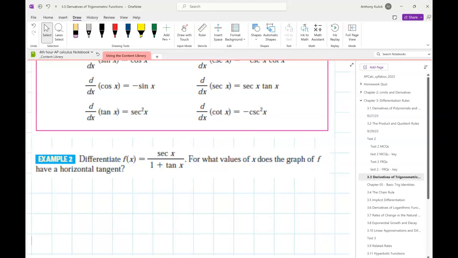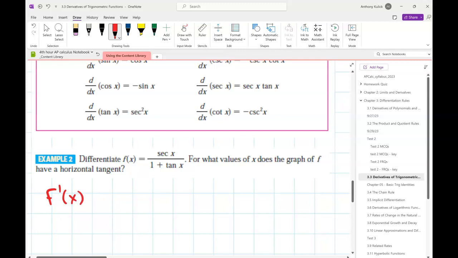Quotient rule. Great. After I've gotten the derivative, how do I find the values for x where the graph has a horizontal tangent? What is the slope of a horizontal line? 0. So I'm going to set the derivative equal to 0 and solve for x. Everybody's good with that plan? Good. All right. Let's start with the derivative then.